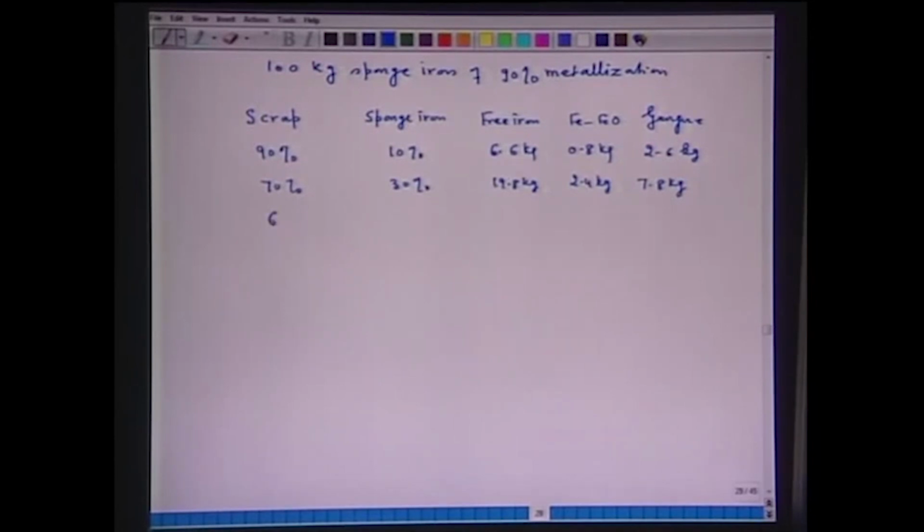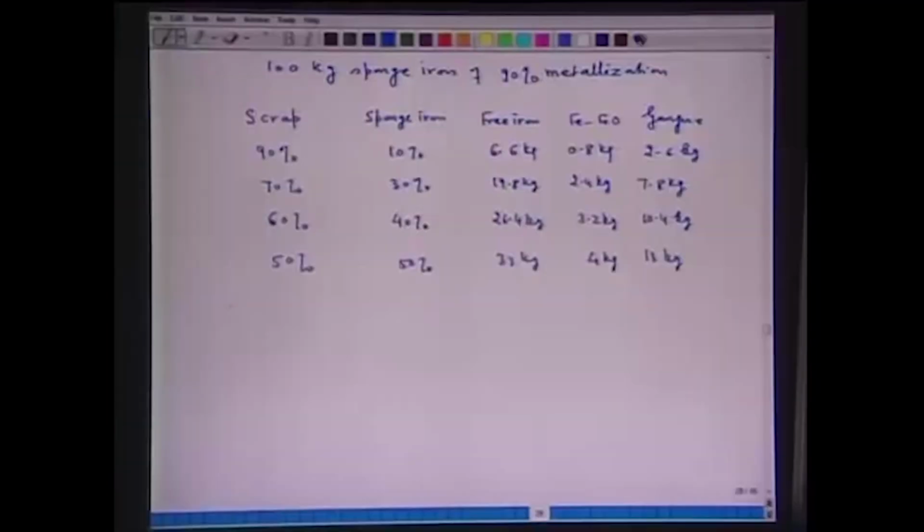If I take 60% scrap, then 40% sponge iron, 26.4 kg is the free iron, 3.2 kg as the iron in FeO and 10.4 kg gangue. If I take 50% scrap and 50% sponge iron, 33 kg will be free iron, 4 kg will be Fe as FeO and 13 kg present as gangue.